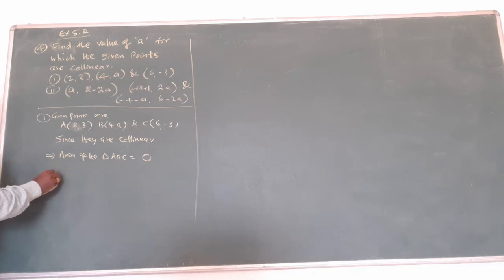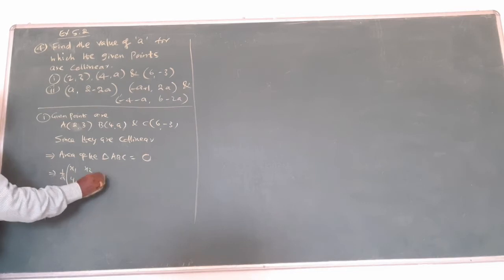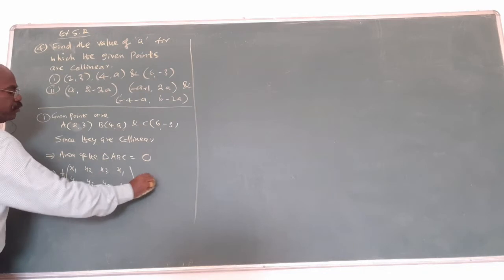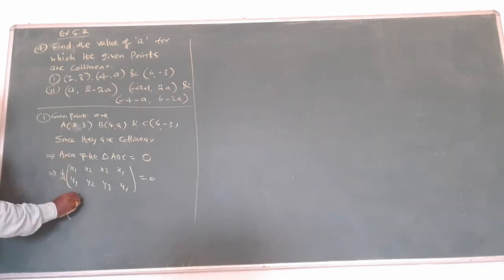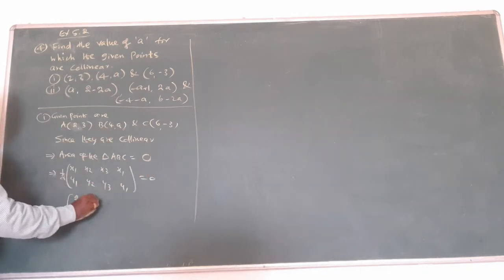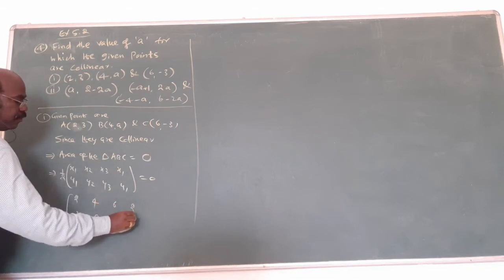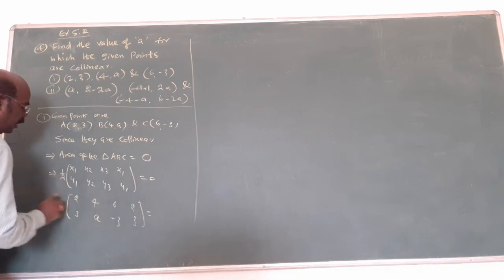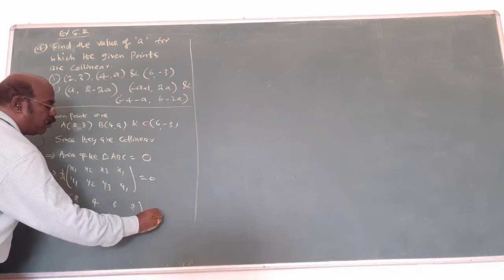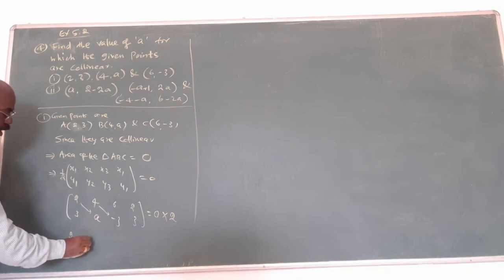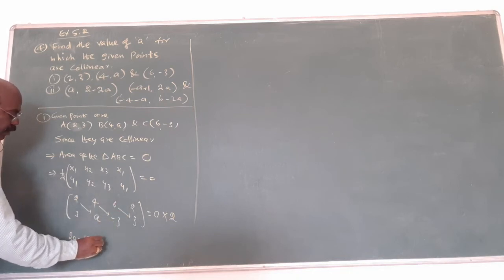Now write the formula: 1 by 2 into x1 y1, x2 y2, x3 y3, again x1 y1, equal to 0. Substitute the points 2, 3, 4, A, 6, and cross multiply. Now simplify.